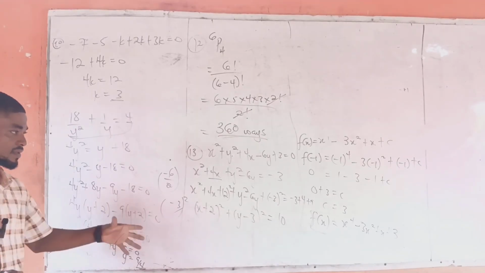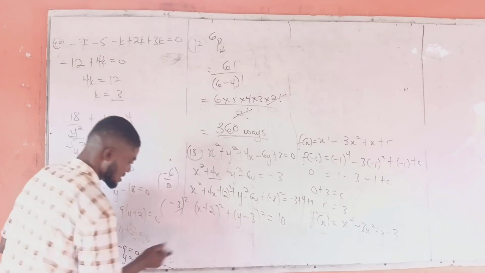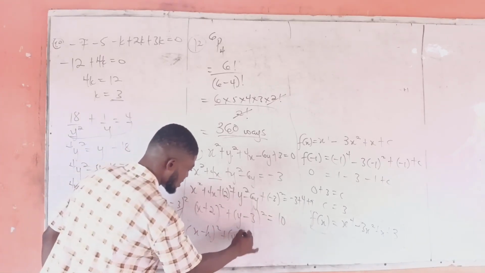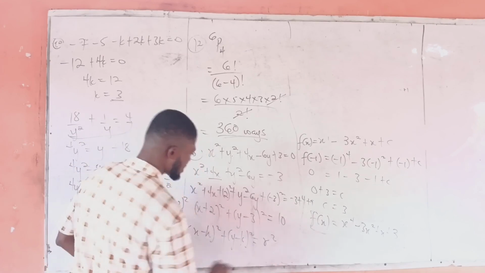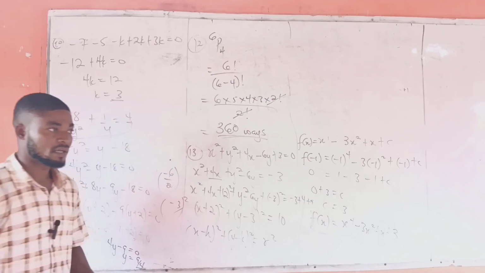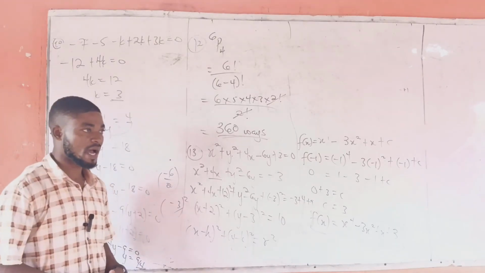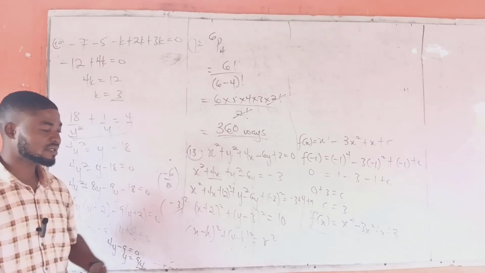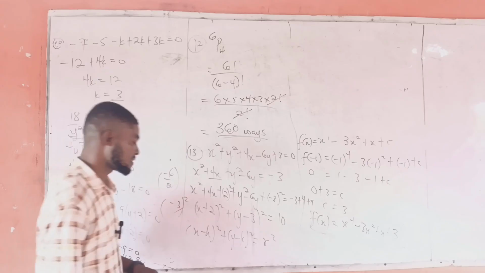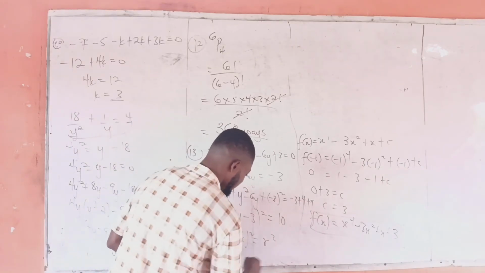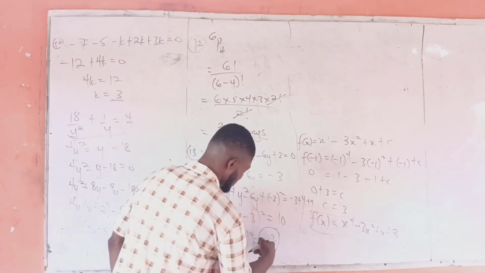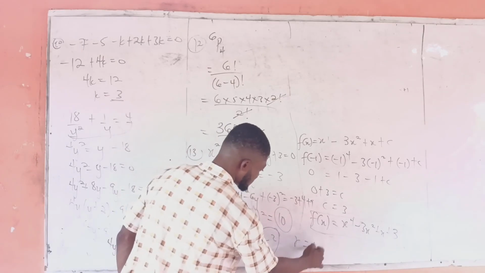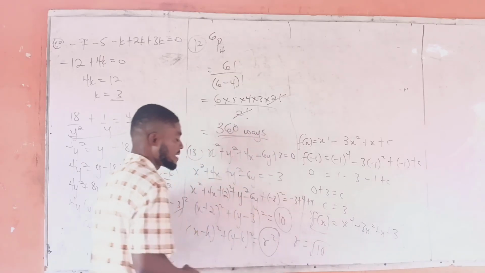Now when we compare this with the general formula for the circle, x minus h all squared plus y minus k all squared is equal to r squared, where r is the radius. And so to find the radius, the radius squared over here is 10. So the radius itself is going to be root of 10.